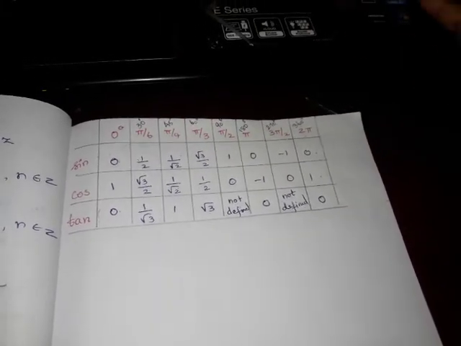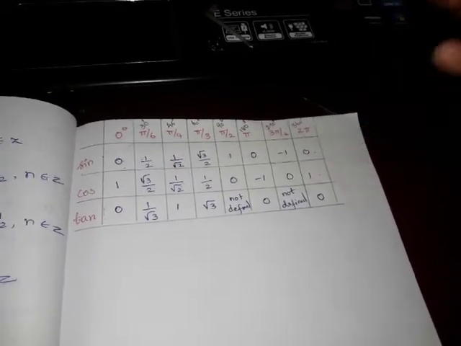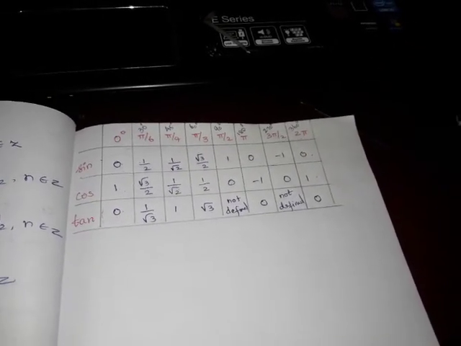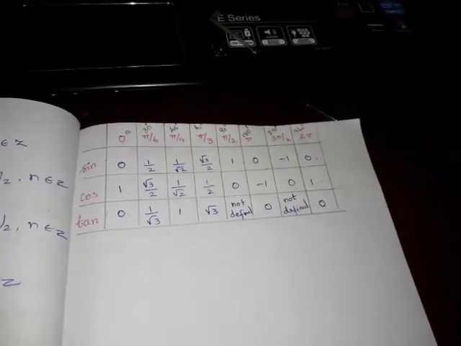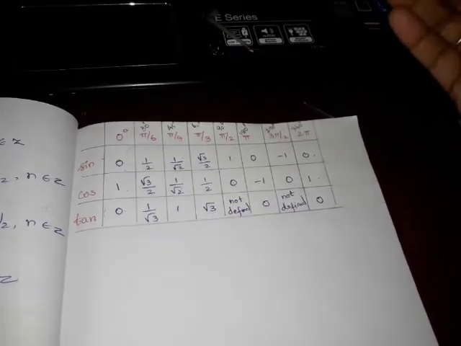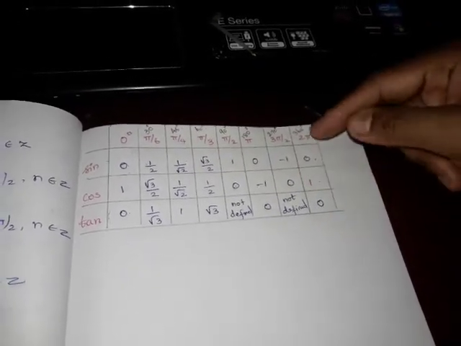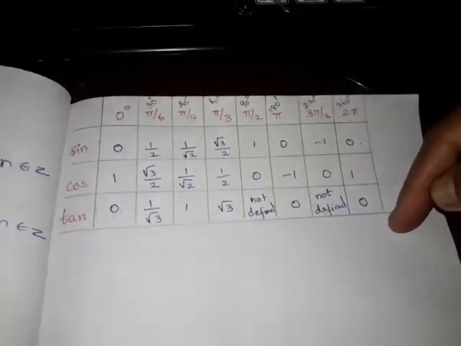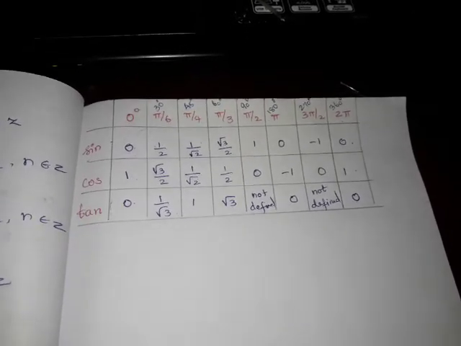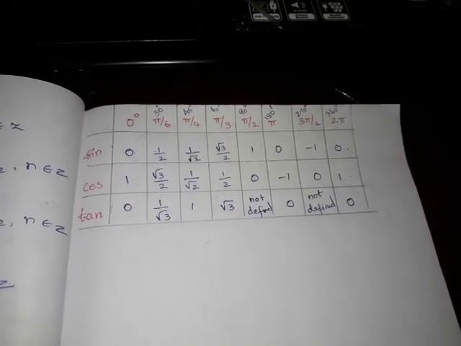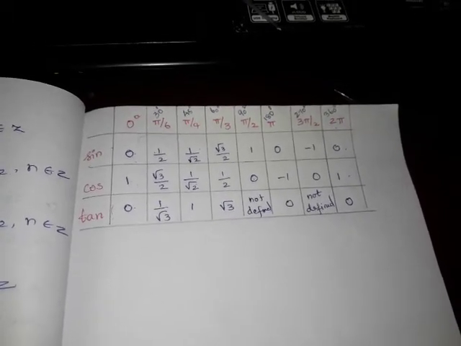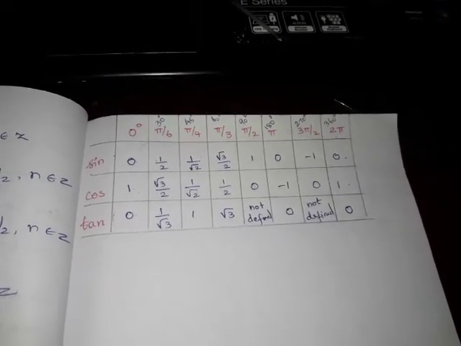So out of today's class, what are all the things you have to remember: starting from the two inferences, when the sine value and cos value will become 0 and what will happen to the cos and sine value in the integral multiples of 2 pi, then the three basic identities, and then this table you have to remember, right? So learn all these things. Don't blindly learn the values by heart, definitely you will forget. So understand the concept and then learn it, so you won't forget forever, right?